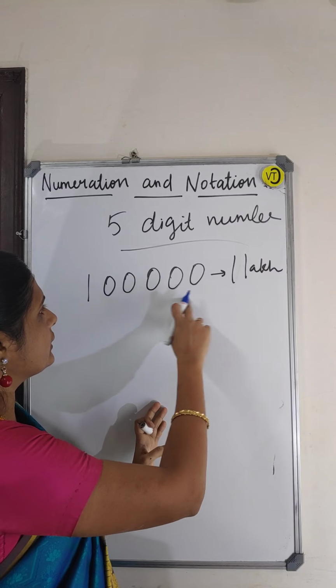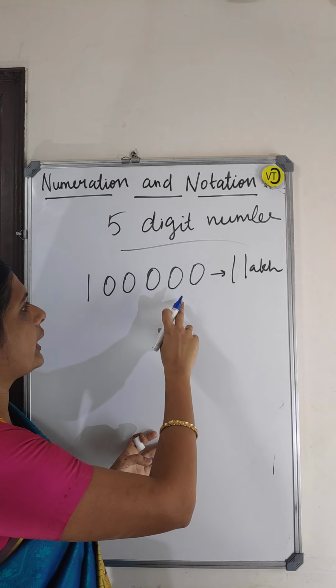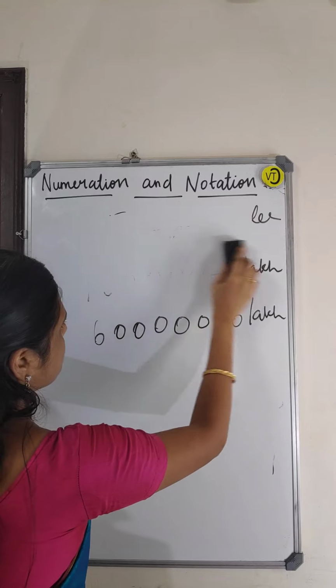So this is 1 lakh. The number containing 5 zeros is called 1 lakh. This is 6 lakh. Okay? Okay, fine.